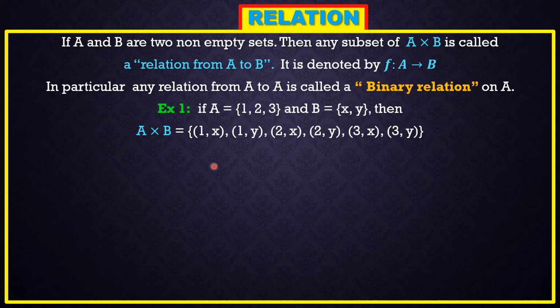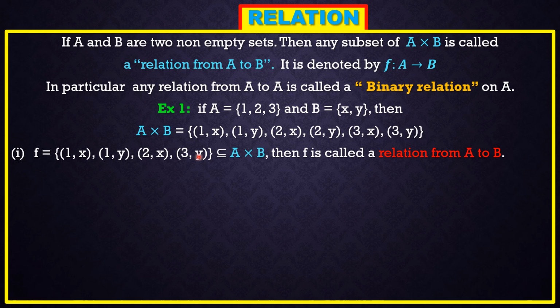Here we take ordered pairs related from A to B. Here we take one element 1 related with the element x in the set B. Now we write the ordered pair 1 and x in curved brackets separated with a comma. Similarly, we write the remaining ordered pairs, that is (1,y), (2,x), (2,y), (3,x), (3,y). So these are all ordered pairs in the Cartesian product of the sets.